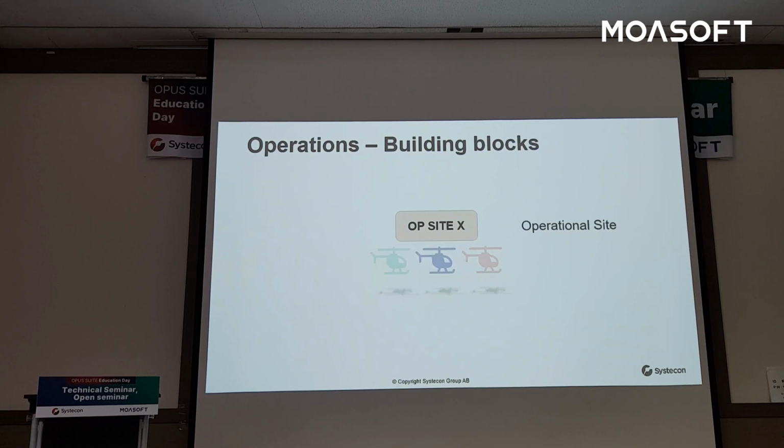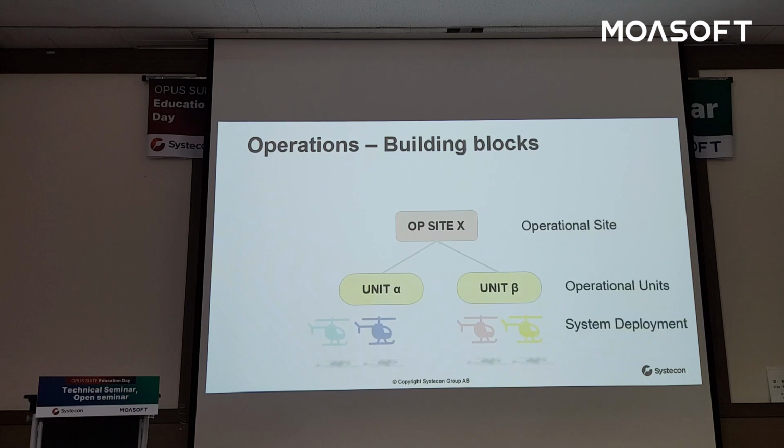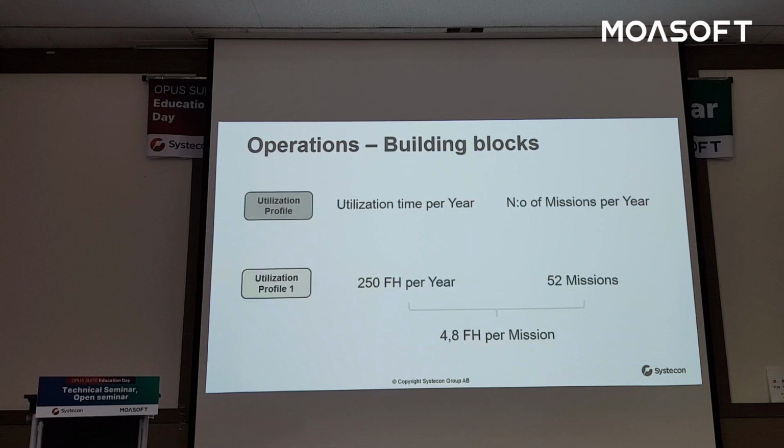Okay, and here as we saw before lunch, we were creating operational sites where we can deploy the systems. But it's also possible to create what is called units, and that's an additional level in the description of the model. It is much like a station, but it's only used for operational purposes. And we can define system deployments for units as well.